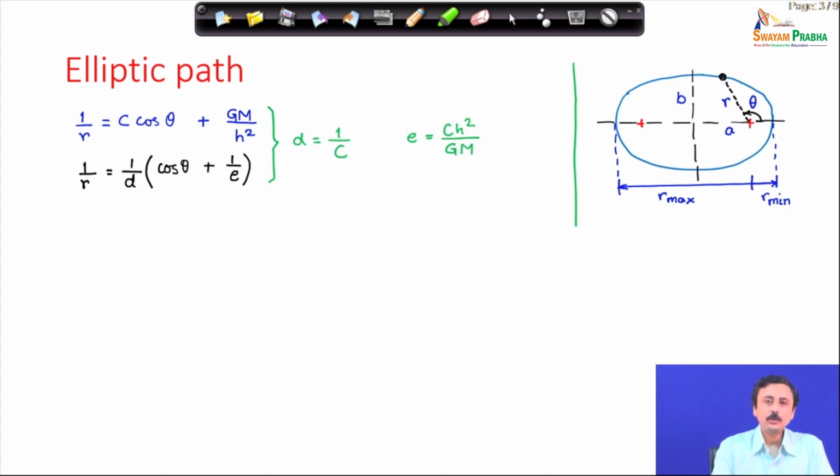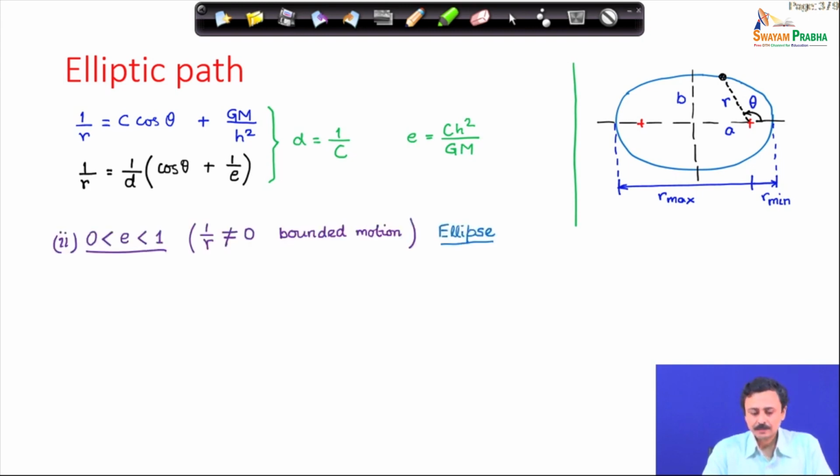To have a match, you must have this d in the conic section expression equal to 1 over c, which was the amplitude constant of integration, and eccentricity as c h square by g m, and the product E d is h square by g m.